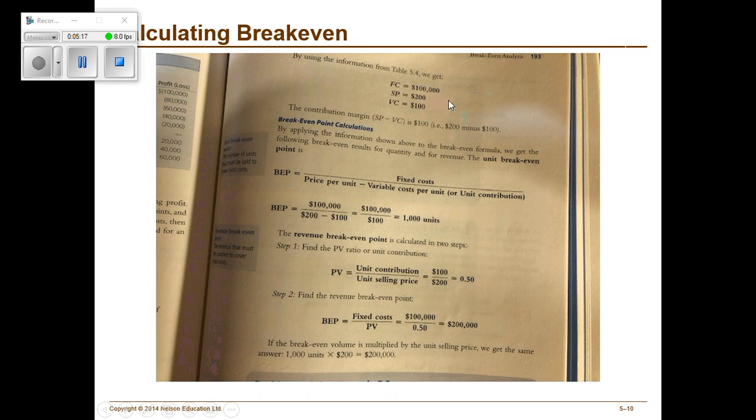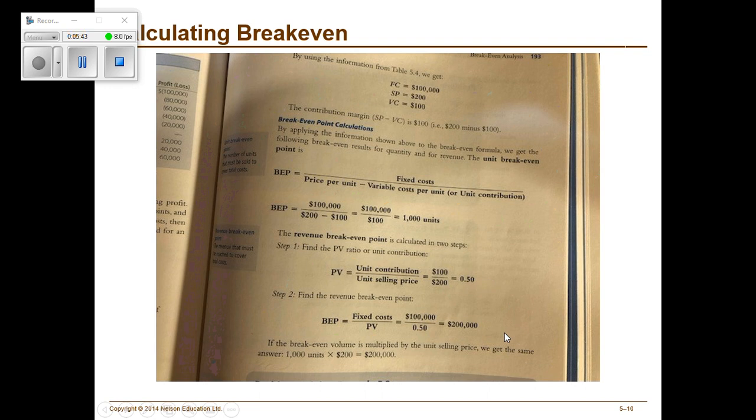So that's your 100% minus $100. So 100 divided by your 200 gives you 50%. So your contribution margin would be 50%, or the unit contribution, your $100, divided by your selling price gives you 50%, or 0.50.